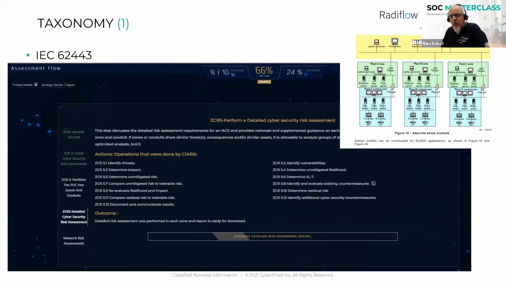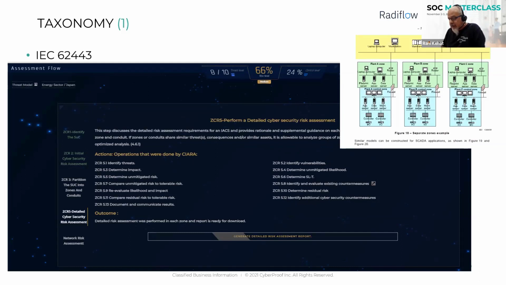It's just not worth your while to invest too much in security on that certain area. That is a very important aspect where this kind of logic or methodology helps you explain to the business owners that actually security is business driven, it makes sense financially to invest in security measures and to monitor the security environments, the production environments. And that's the way we divide it, and we work according to the 62443.